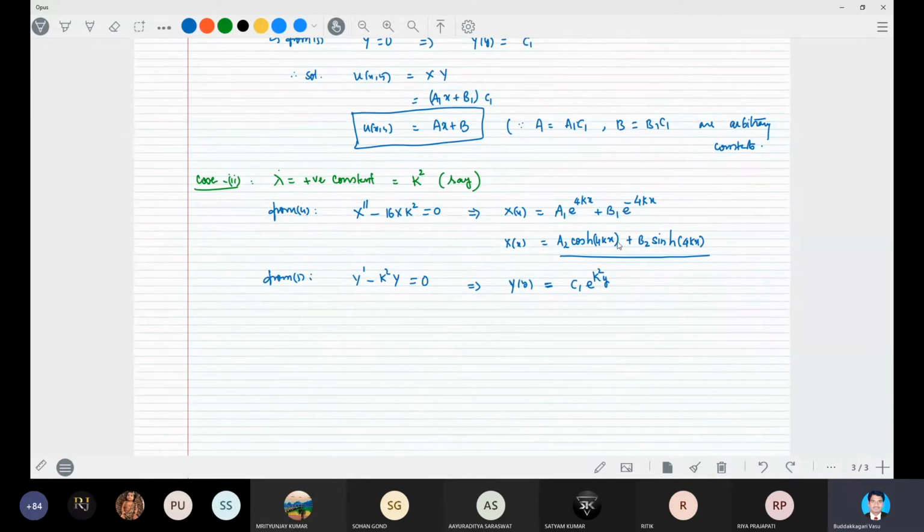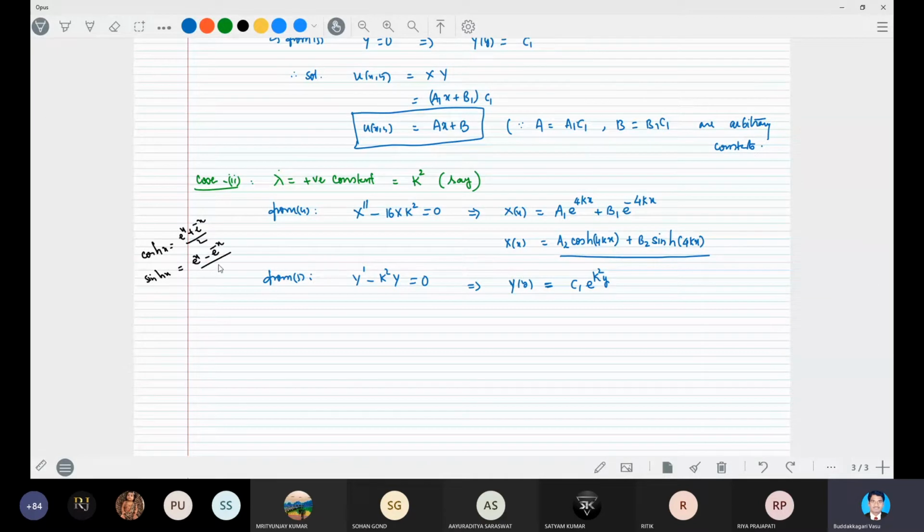This we rewrite into our convenient form, where we use the notations where we know cosh x is equal to e power x plus e power minus x by 2, right? Sinh x is equal to e power x minus e power minus x by 2, right?